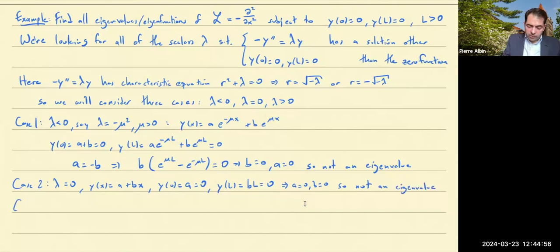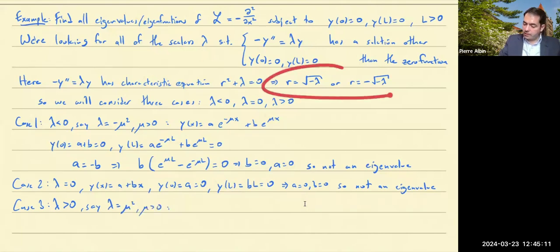Okay, so our only possible source of eigenvalues is this third case where lambda is positive. So lambda is positive. Let's say lambda is equal to mu squared with mu positive, so that the roots of the characteristic equation are plus and minus i times mu, and so the general solution to the equation is a times cosine mu x plus b times sine of mu x.